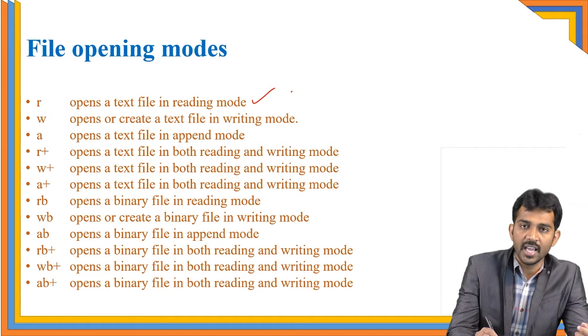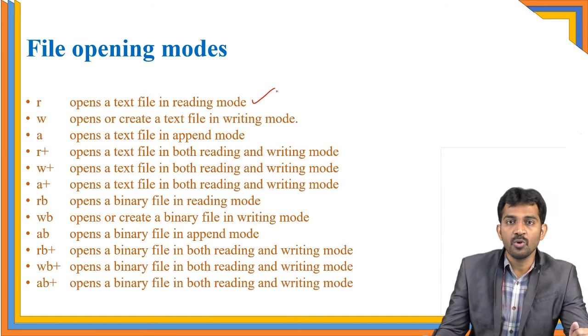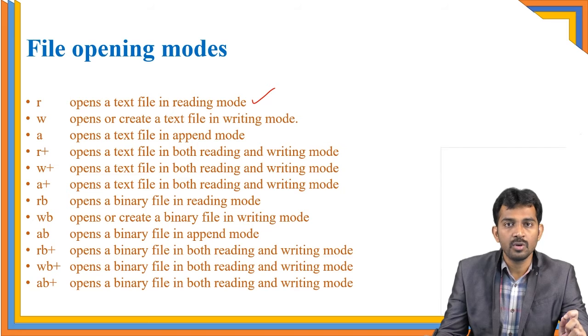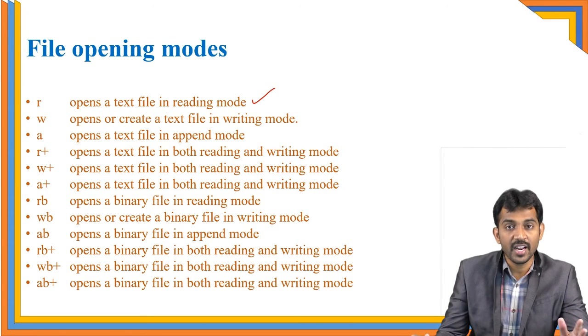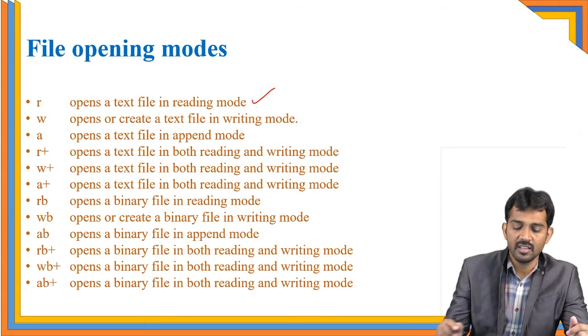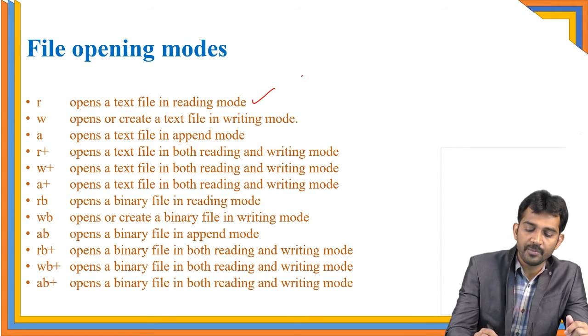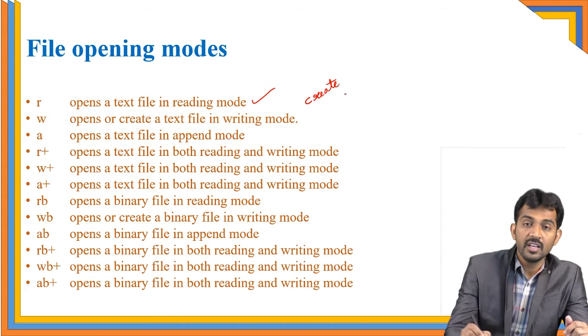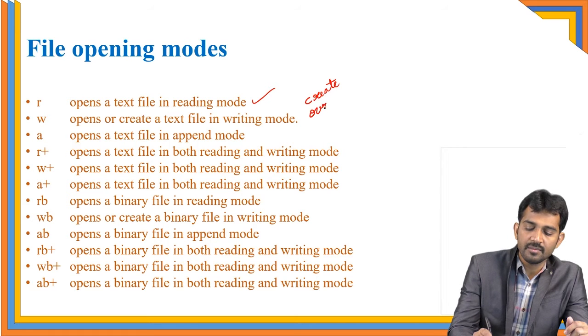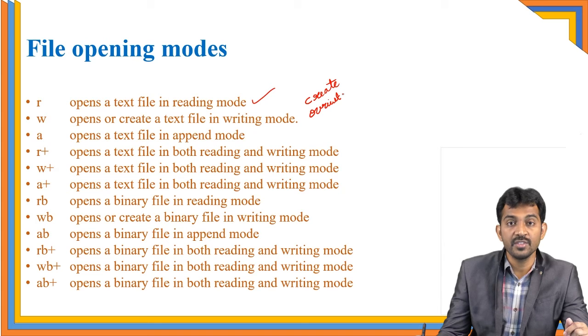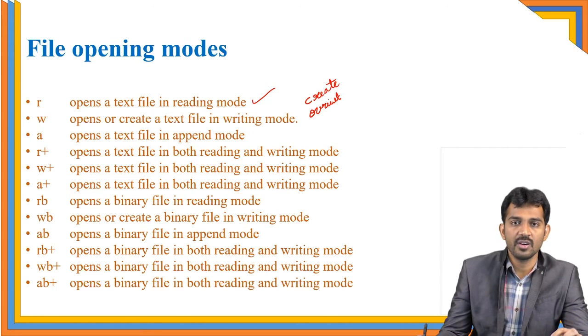Write mode: if you open a file in write mode and the file does not exist, it is going to create a new file. If the file is available, then it is going to overwrite the data. That is the different use of write.